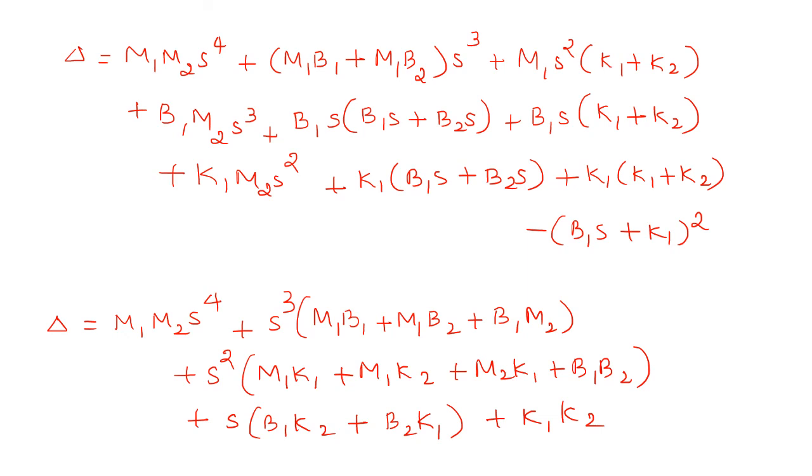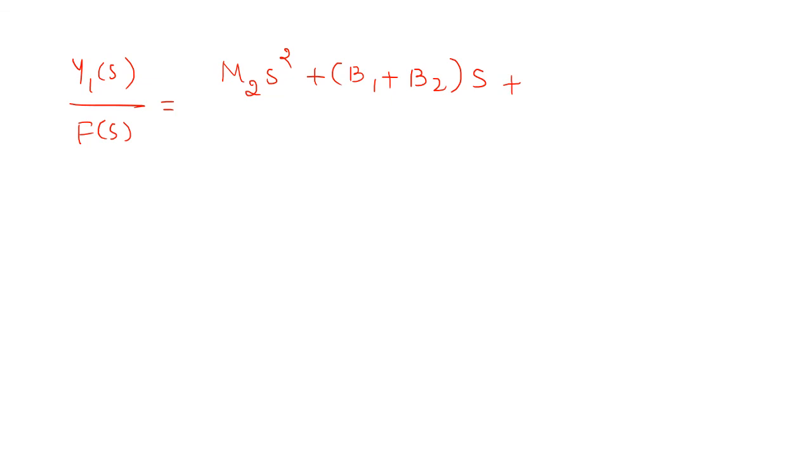Now what is remaining? We have written Y1 of s, which was equal to 1 by delta into the matrix. Now we need to write the required transfer function, which is Y1 of s by F of s. That matrix we need to multiply, so we get M2 s square plus B1 plus B2 into s plus K1 plus K2 by delta.